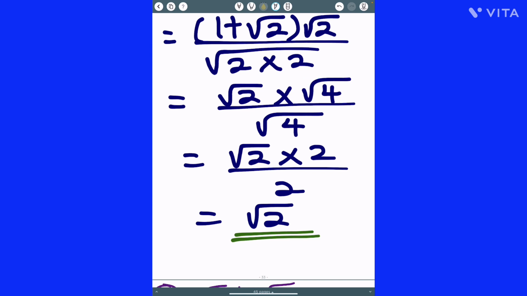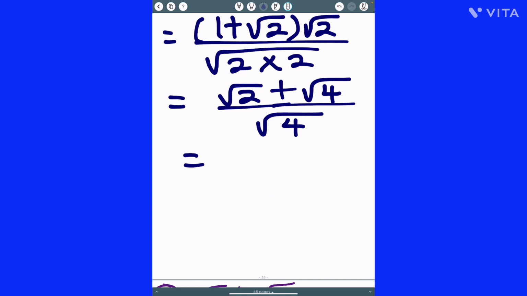Exactly. Oh, I made a mistake here. I should be writing plus, not times. Thank God I saw that. Let me correct it. So this should be plus. Everything here will change. This should be root 2 plus root 4, which will give root 2 plus 2 all over 2.